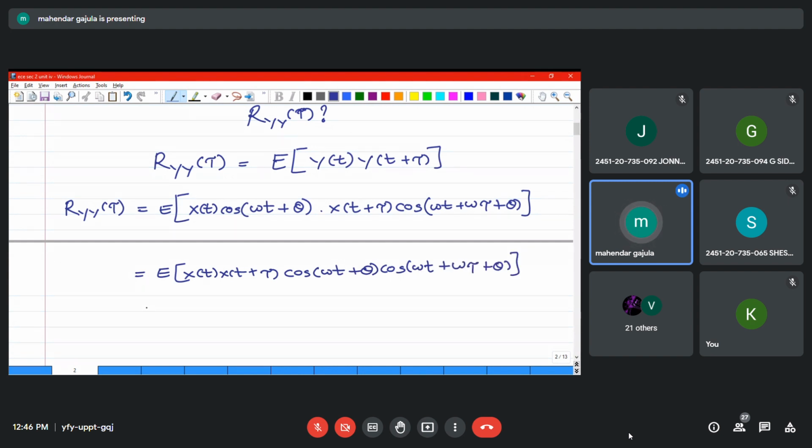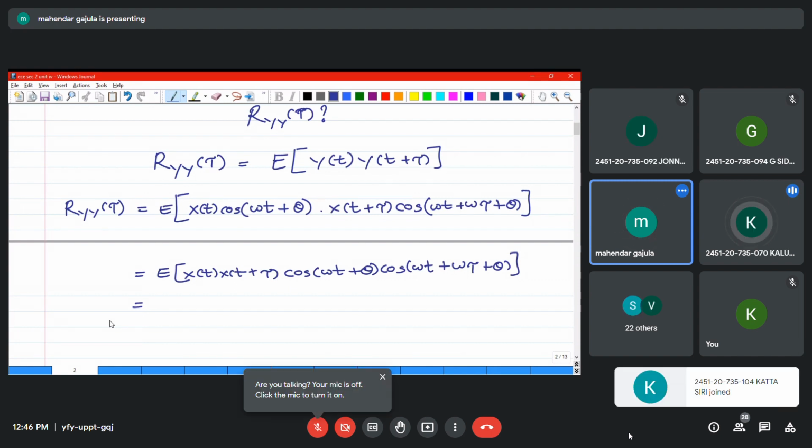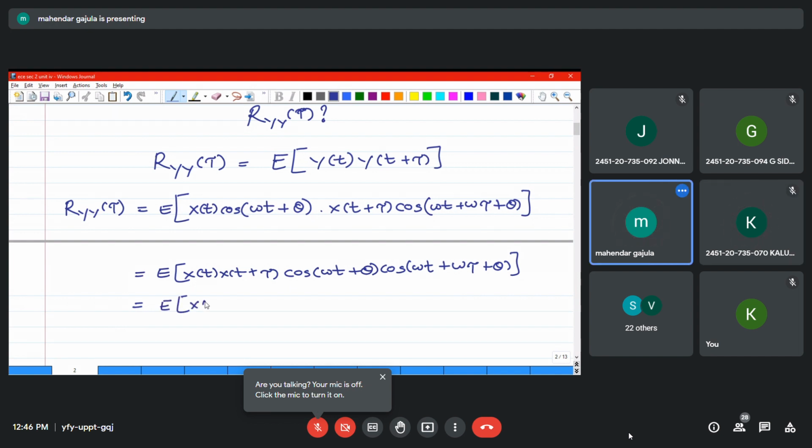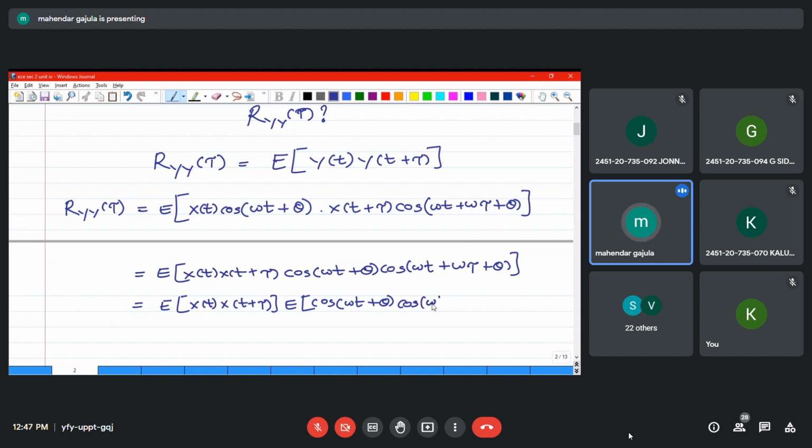Now can someone tell me, can I write x(t) and x(t plus tau) outside the expectation? No, sir. Independent cannot. We cannot write. It is expectation of x(t) x(t plus tau), and we can write the other one, cos(omega t plus theta) cos(omega t plus omega tau plus theta), separately.